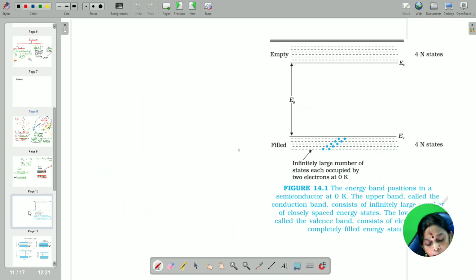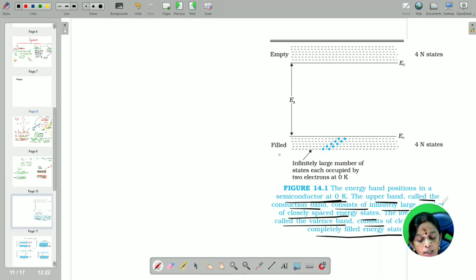You can see here the energy band position in a semiconductor at 0 Kelvin. The upper band, called the conduction band, consists of an infinitely large number of closely spaced energy states. The lower band, called the valence band, consists of closely spaced completely filled energy states. It is fully filled, and the conduction band is empty. This is the energy gap here. So silicon.